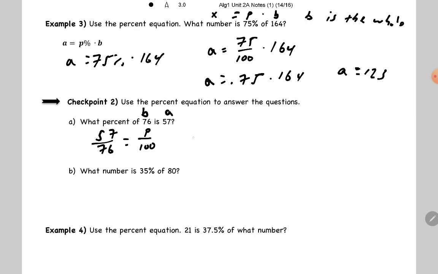So, put it in my calculator after I cross multiply. 5,700 over 76 equals P, and that'll give me 75.